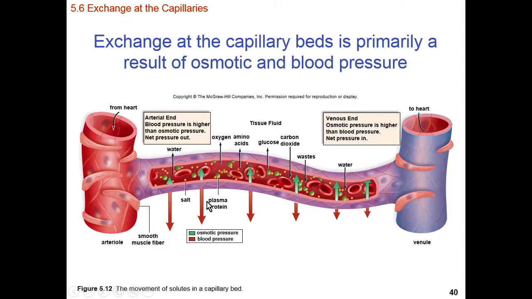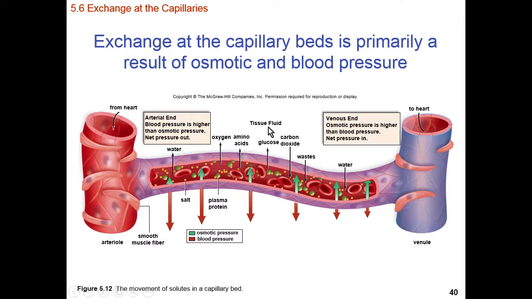But as we get towards the venous side, where there's lower blood pressure, we have a net movement of fluids into the blood capillaries. Within the systemic circuit, the blood capillaries generally lose oxygen and pick up carbon dioxide. And they pick up wastes, lose amino acids, and lose glucose.